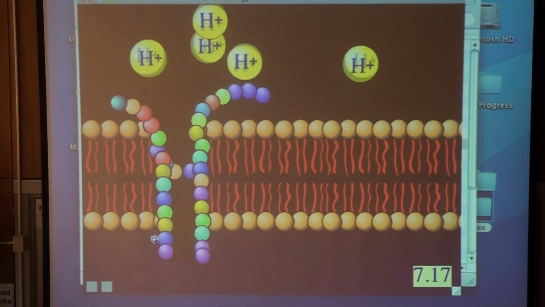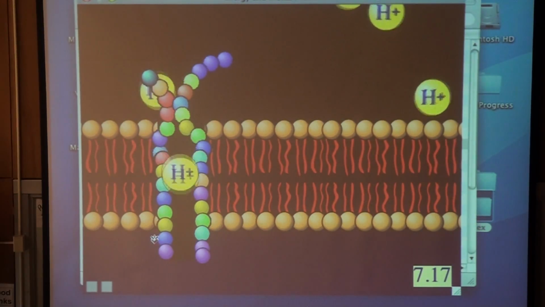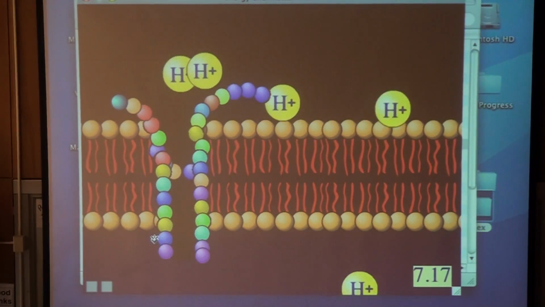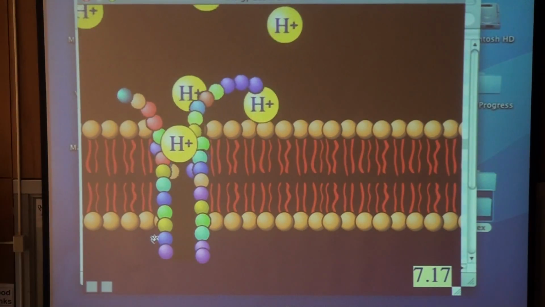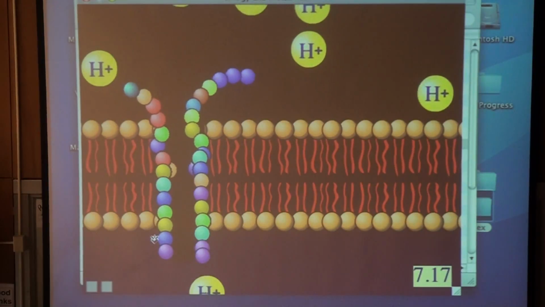All right, so let's say it wants to let some of these hydrogen ions on through. One of them would bind right there, and then there's a little flexing of the protein, and it's allowed to pass through. And then maybe another one comes along, gets in the binding site, the protein would flex again and allow it to flow through.